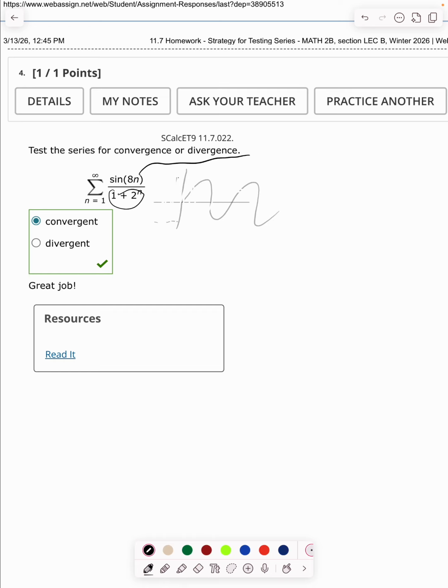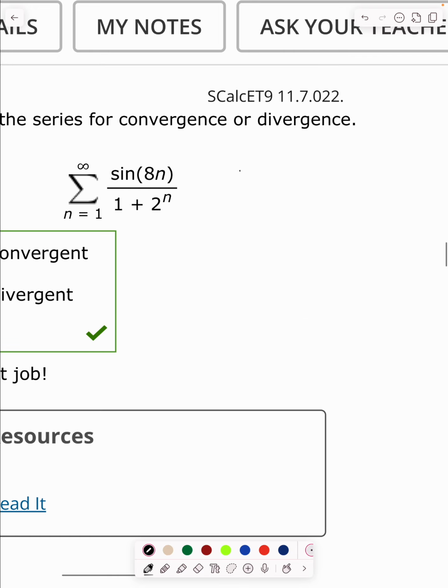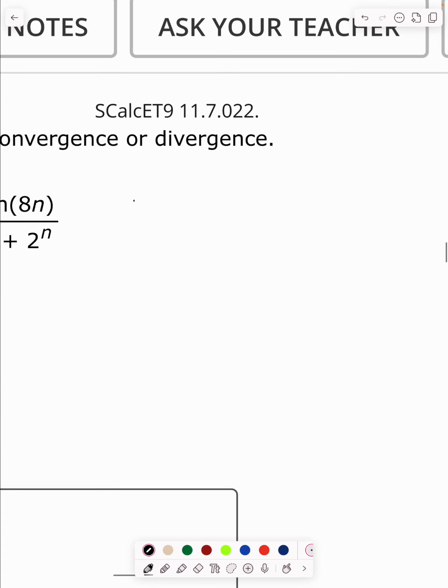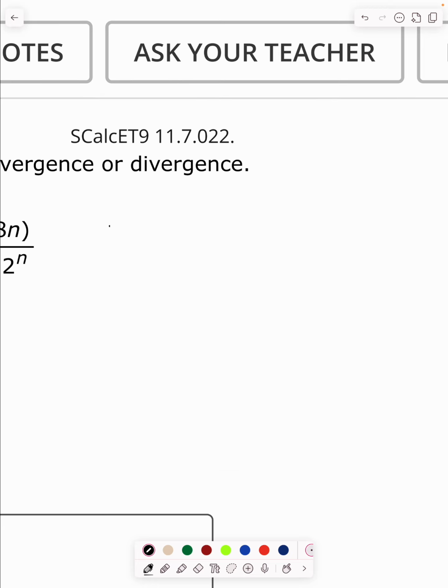And the reason why you might recognize it is because this 2 to the power of n should remind you of something that you've done before. It should remind you of the geometric series. So what does the geometric series say?